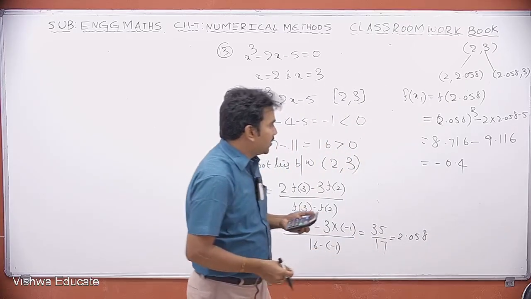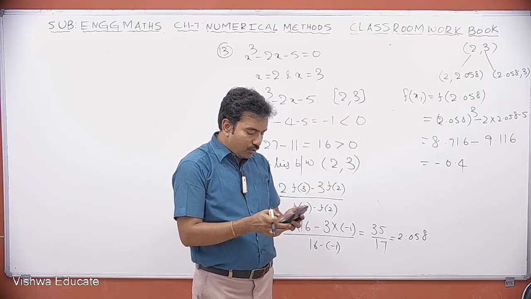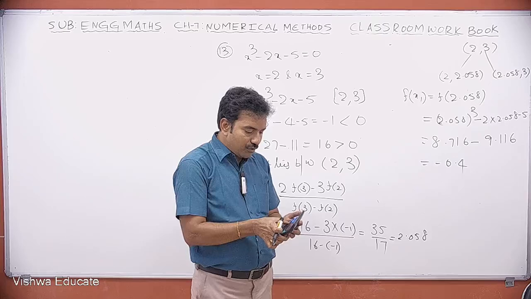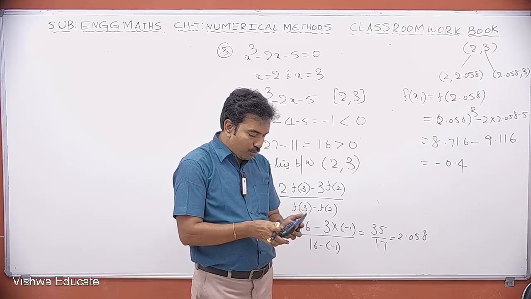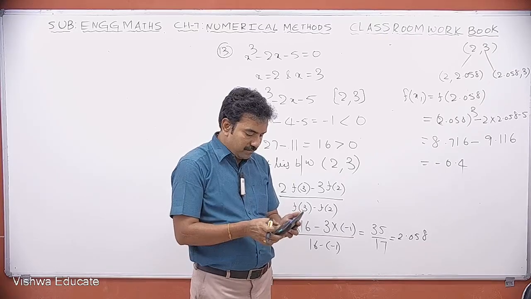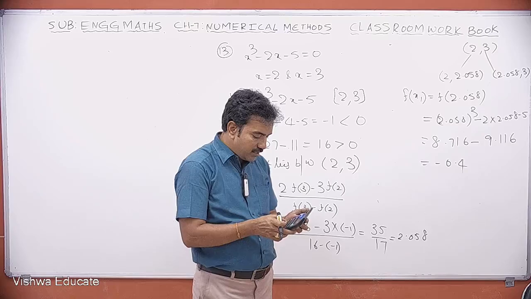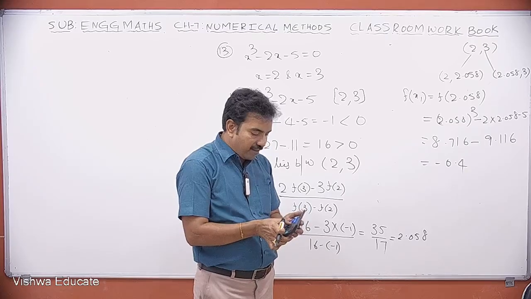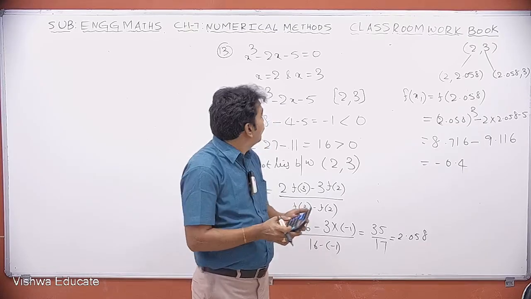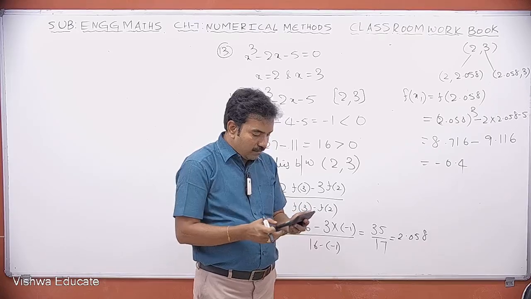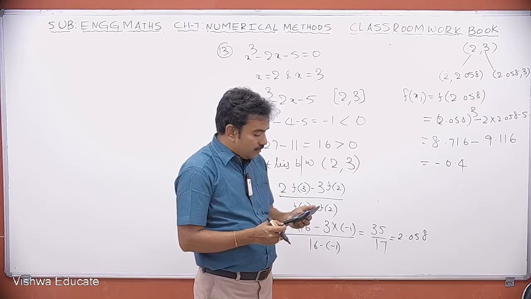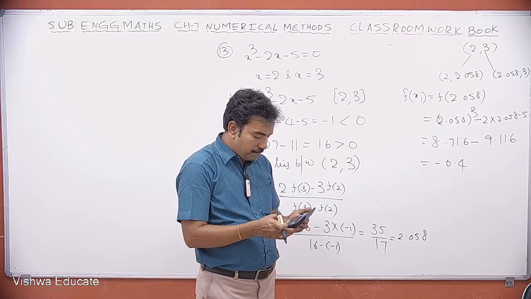Let us cross check it. 2.058 cubed, 2.058 into 2.058 into 2.058. This gives me 8.716, right? So 2.058 into 2, plus 5.